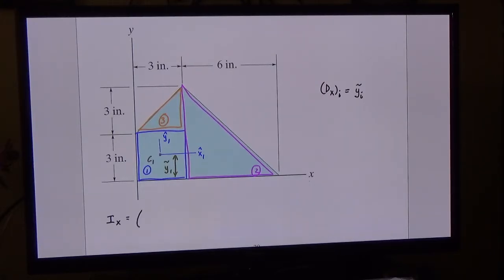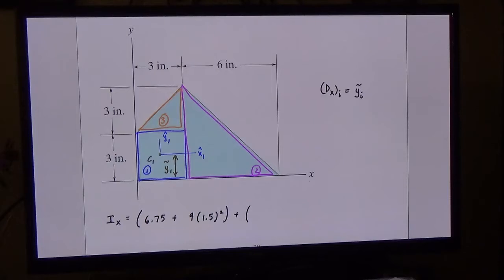I take I about x hat for part 1, which was 6.75. Then I have plus area of part 1, 9, times dx1 squared. So y1 tilde, which is dx1, 1.5. And then I square that.